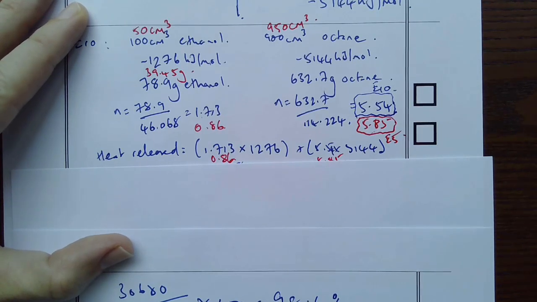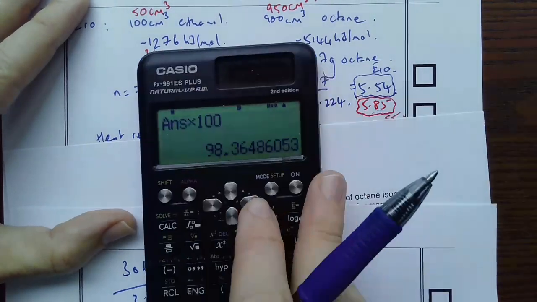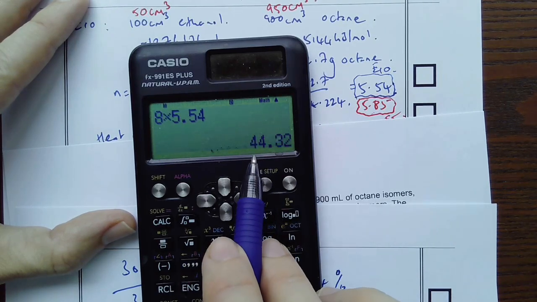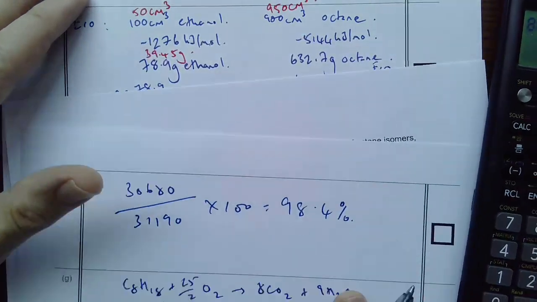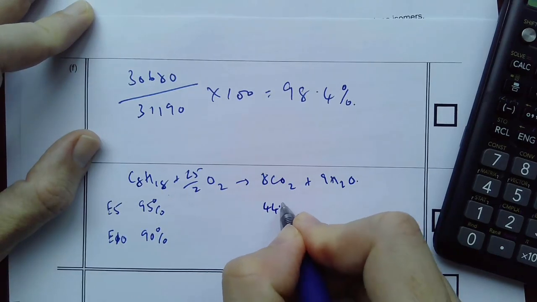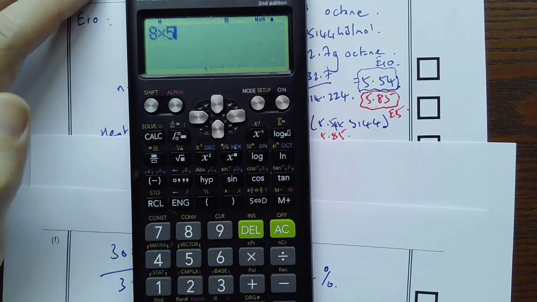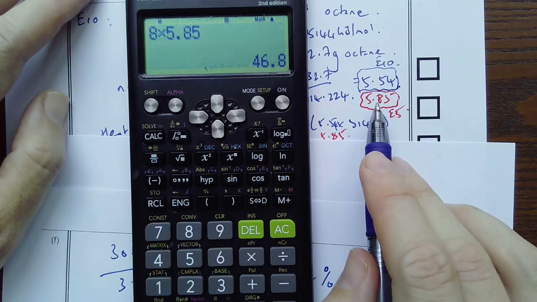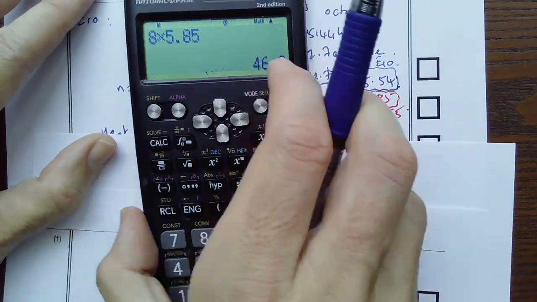Okay, and the moles of carbon dioxide are going to be 8 times each of those numbers. So I could do 8 times 5.54 to give me the moles of carbon dioxide produced from burning octane in E10, 44.32. And I could do 8 times 5.85 to give me the moles of carbon dioxide produced from burning octane in E5, so 46.8.